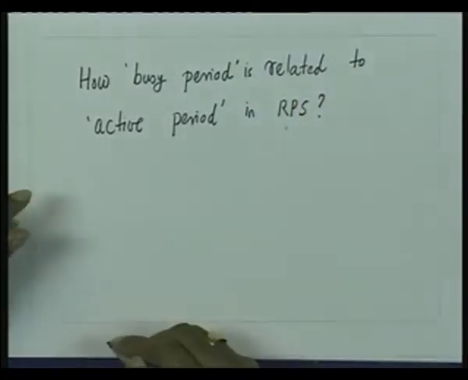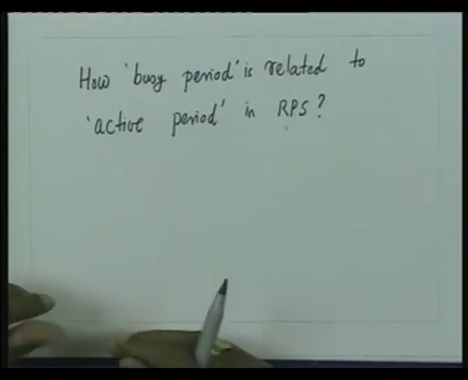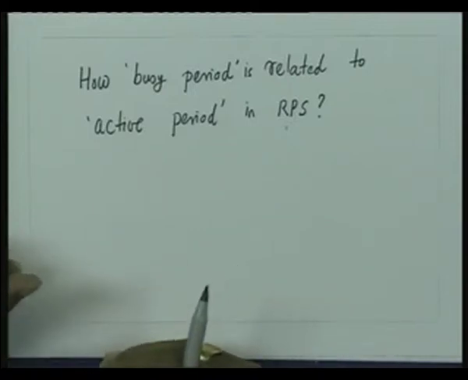This is the question that we would like to ask, and basically we would like to ask in what way we can relate the session's busy period to an active period in rate proportional servers.